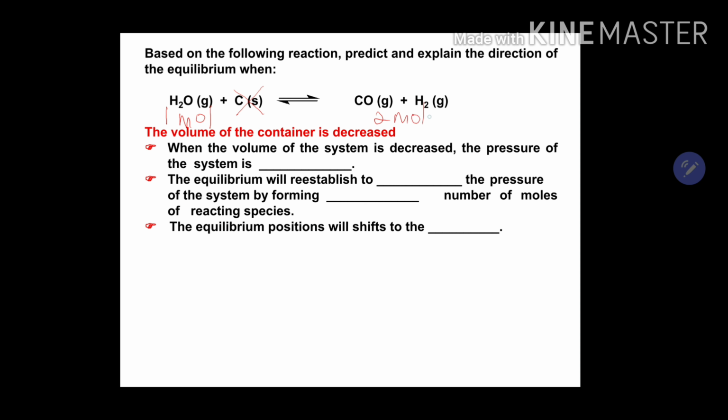Okay, now comes the disturbance. When the volume of the container is decreased, according to Boyle's law, the pressure will be increased. So the equilibrium will re-establish to decrease the pressure back, because the increased pressure is the disturbance.